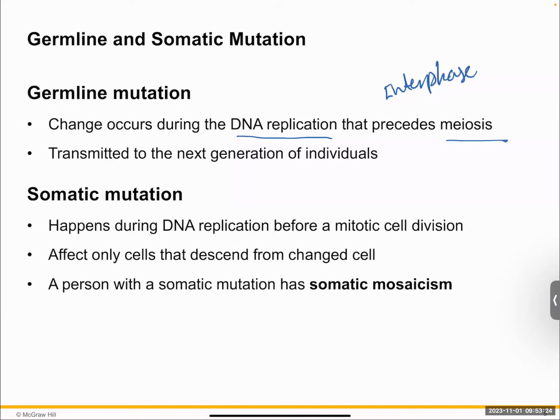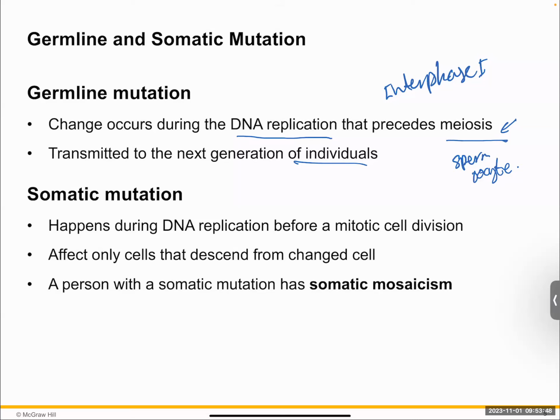So this is happening in interphase 1, where the genetic information did not replicate properly. And because it is at the meiosis level, it's going to be in the sperm and the oocyte. It can be passed on to the offspring of the next generation.